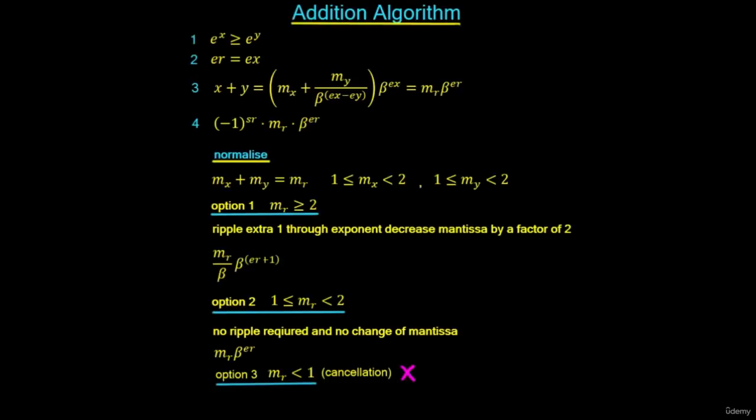You can see again, if we get into the addition algorithm, before we can add them, remember we had to make the smallest exponent equal the largest exponent. In order to do that, we also have to ensure that the mantissa went down by that respective amount as well. So this was the change in the mantissa value. The mantissa value changes by a factor of beta to the difference between the two exponents.